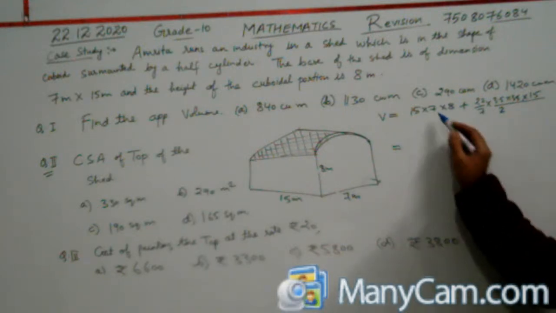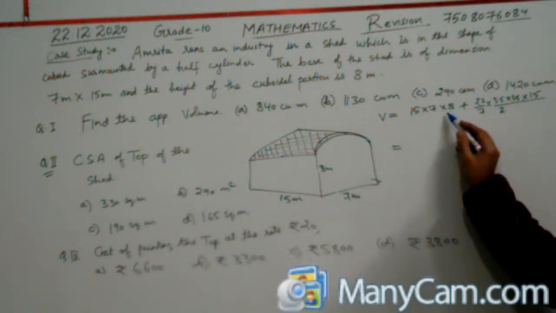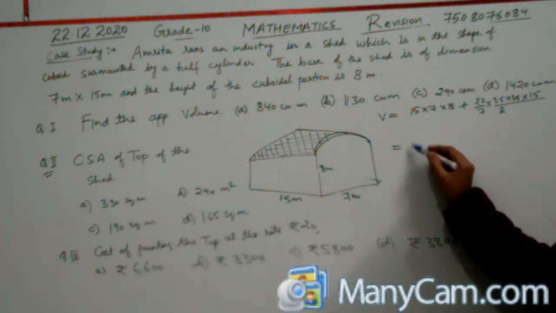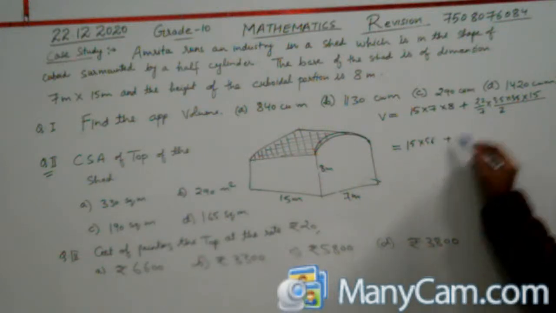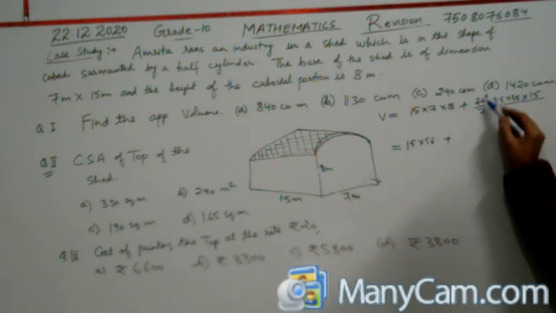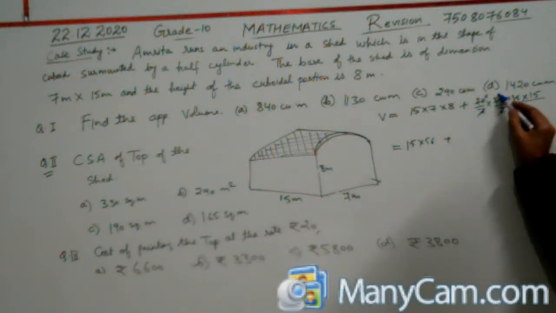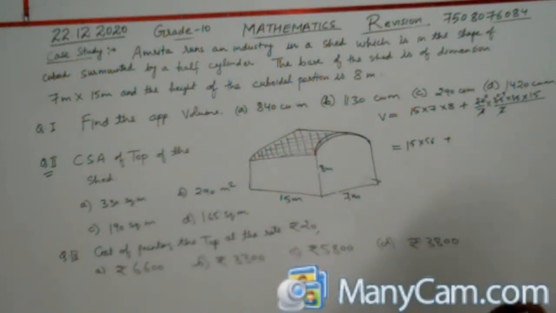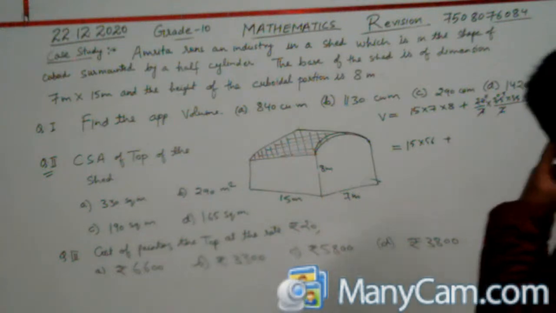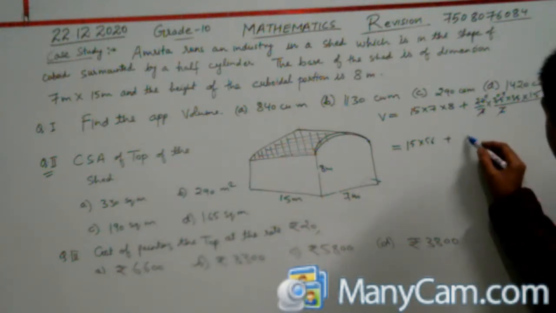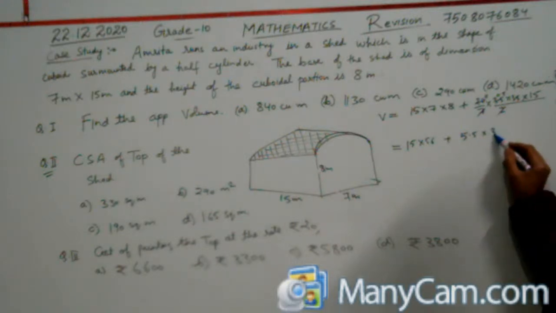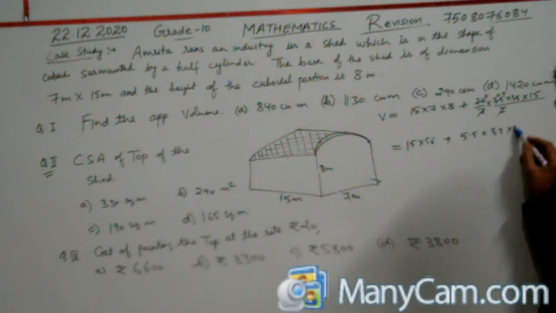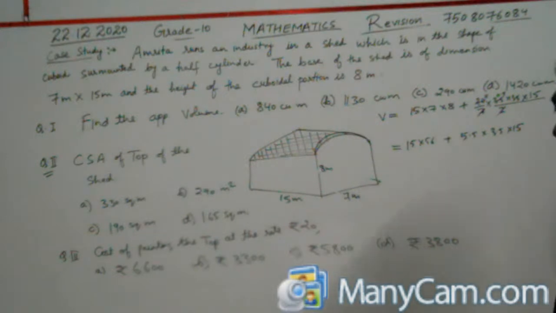Here we have 8 into 56, 15 into 56, plus 5.5 into 3.5 into 15, right?